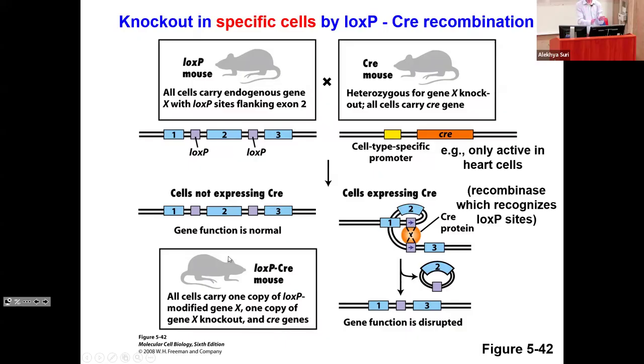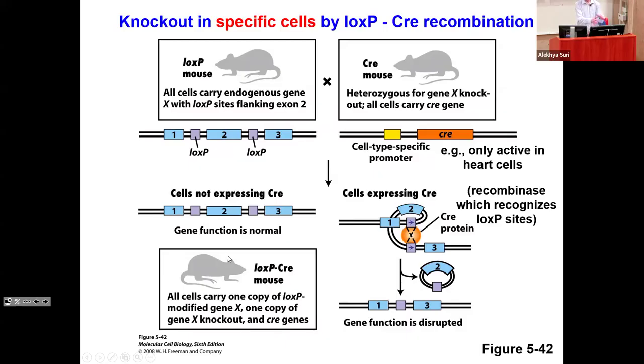Cre recombinase is recognizing these LoxP sites and splicing out. In all the other cells, the gene is present but not expressed, so nothing happens in the other tissues. So you just want to memorize: cell type specific promoter that makes the recombinase expressed in specific tissues.